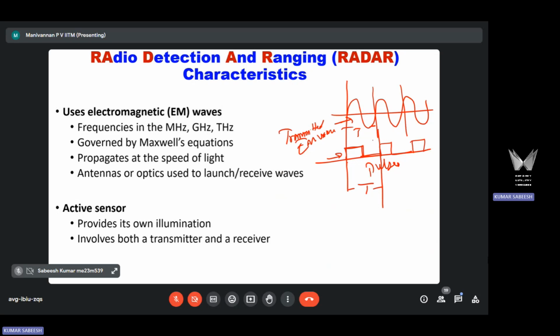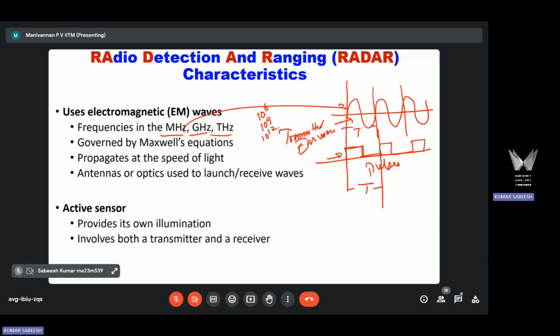Once it is periodic, automatically there will be a frequency. The frequency of the transmitted signal can be in megahertz, gigahertz, or terahertz. What is mega? Mega equals 10 power 6. Giga means 10 power 9. What is tera? 10 power 12.